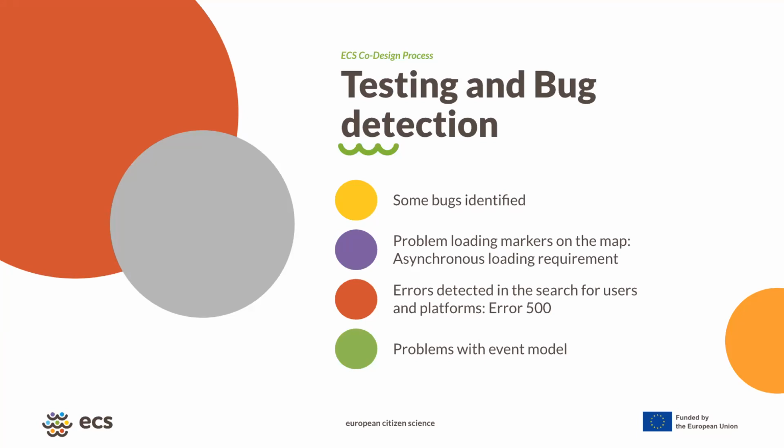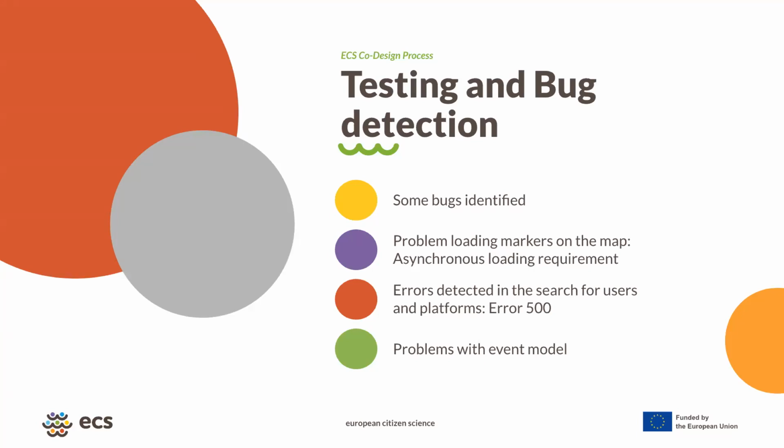Additionally, as part of the bug detection and testing exercise, we identified some bugs, like issues with the map marker loading, which led us to rethink the entire logic of the map for loading markers to do it asynchronously. Errors were detected not only in the beta services, but also in the functionality that the official platform, I mean the production server, had at that point.